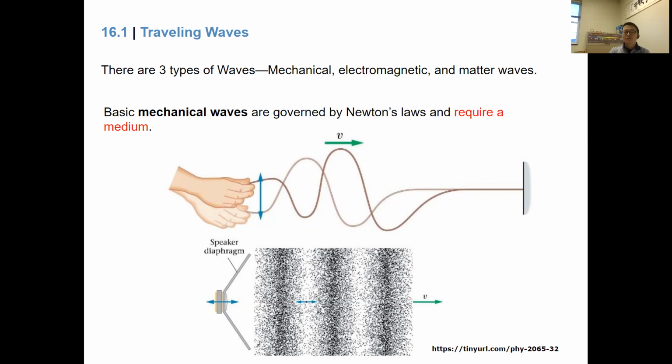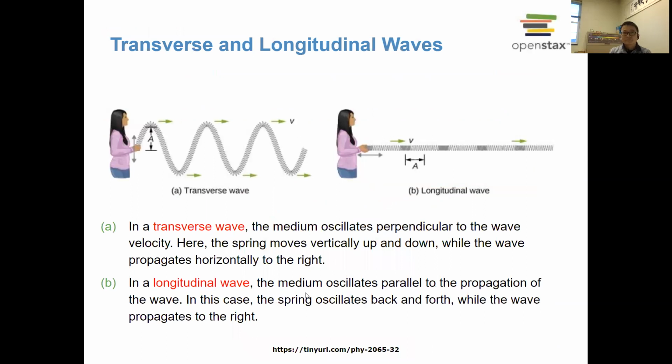There are two main media. One is a solid, like a string, with standing waves in the string. The other is air. Air is not a vacuum; there are a lot of air molecules surrounding us, and they act as the medium for the sound wave. So there are two types of mechanical waves.